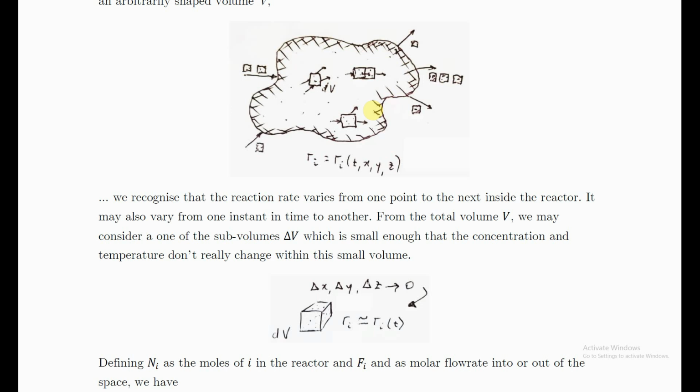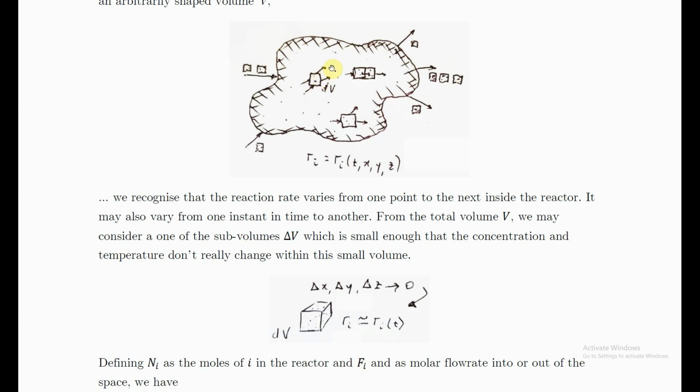So if you like, it's a fixed little floating box in the reactor. So not floating in the sense that it's moving with the fluid, but floating as if it's a fixed point, or a fixed sub-region inside the space of that reactor. So we imagine a fixed volume in that reactor without boundaries. So there are no real walls to this space, the subspace in the reactor.